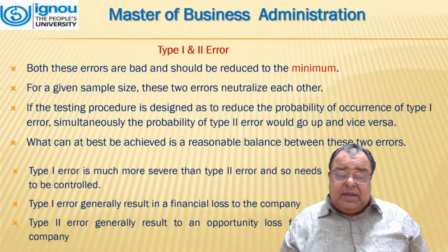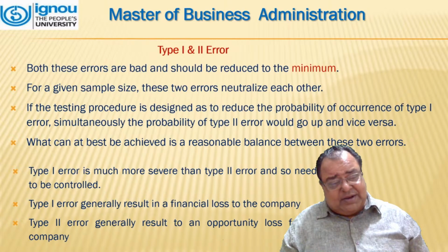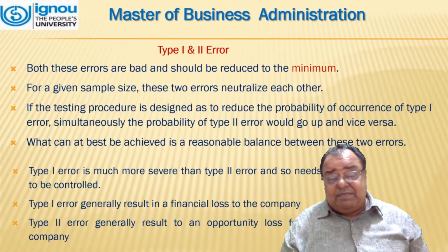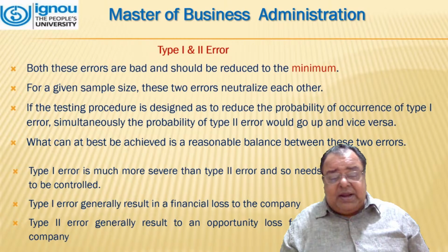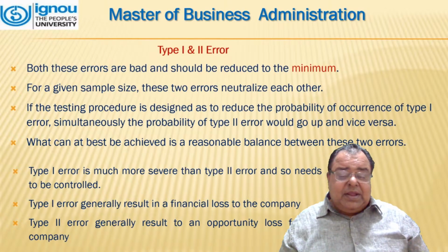What can at best be achieved is a reasonable balance between these two errors. Type 1 error is much more severe than type 2 error, and so we need to control it. Type 1 error generally results in financial losses to the company, whereas type 2 errors generally result in an opportunity loss for the company.